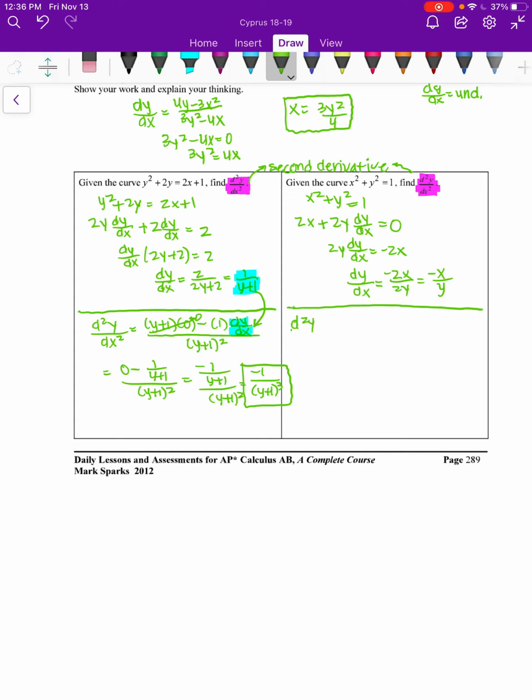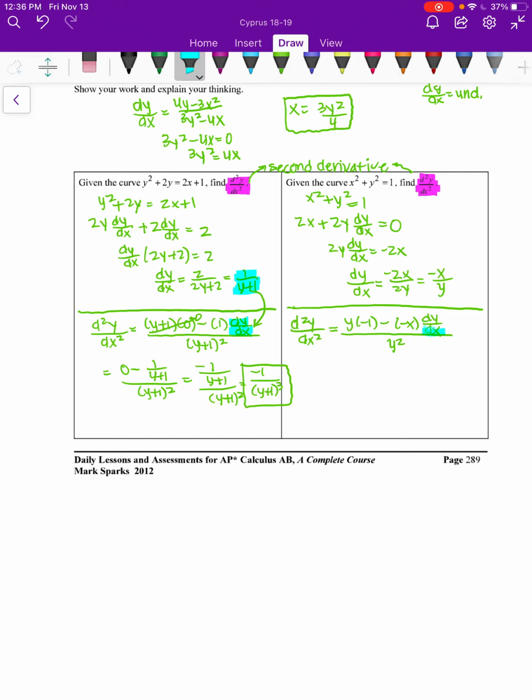Let's find the second. So d squared y over dx squared, which is the notation for the derivative of dy/dx, equals, quotient rule again. Here we have low d high minus high d low all over low squared.